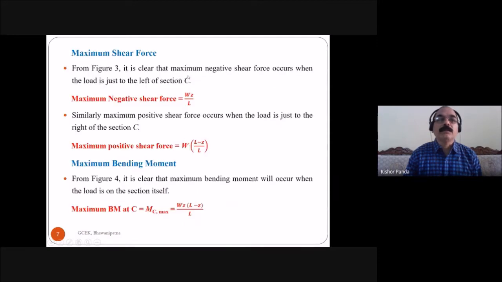It is clear that the maximum negative shear force occurs when the load is just to the left of section C. So what is the maximum negative shear force?